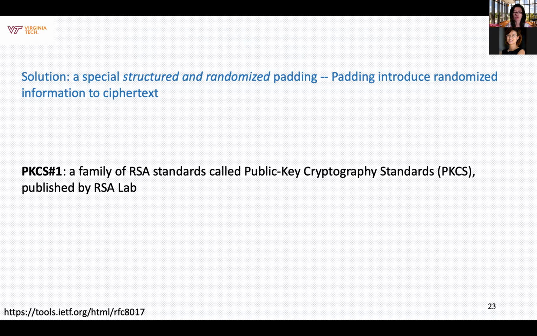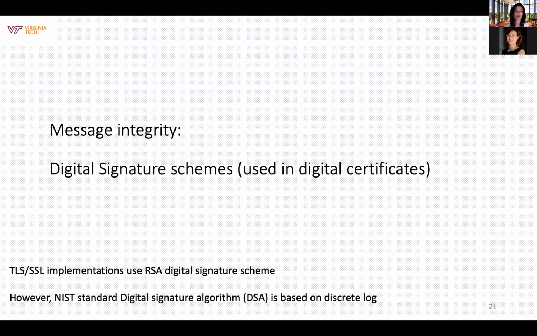A family of RSA standards is referred to as the public key cryptography standards. These are lengthy specifications, and you can read them if you're interested. They are a lot more complicated than the actual implementation. So that is the RSA encryption scheme.